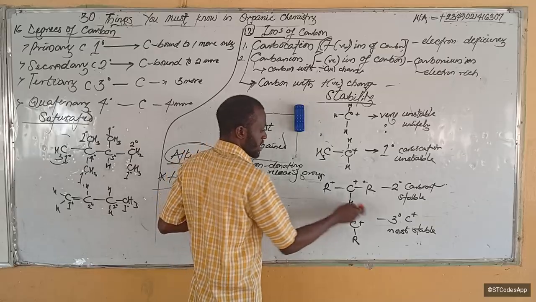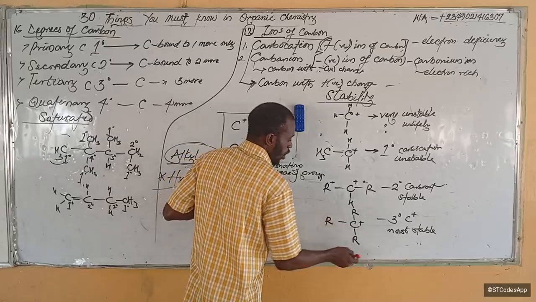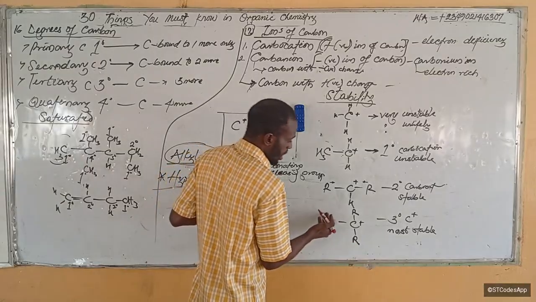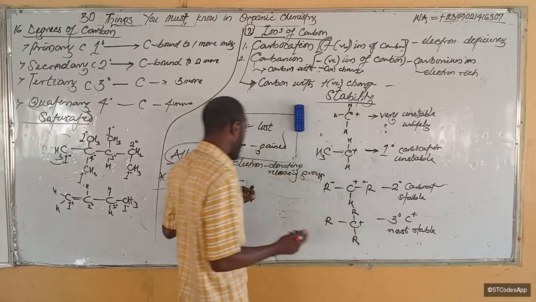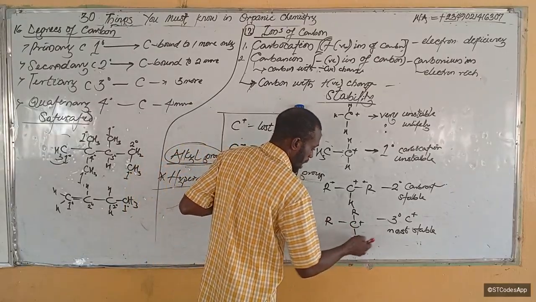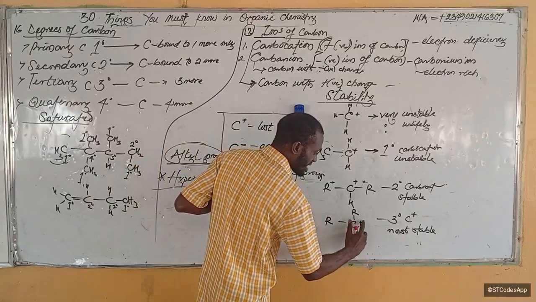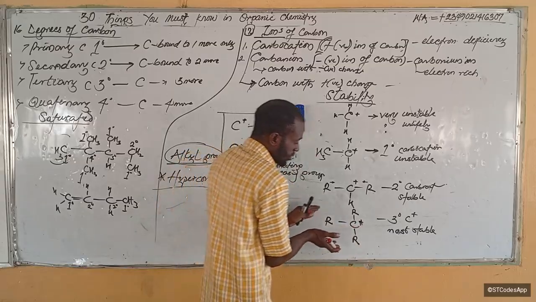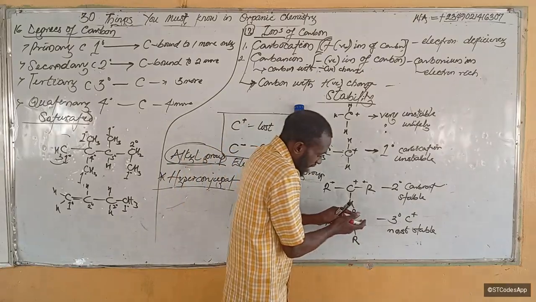So then you cannot compare that to this. This one is almost full. Do you understand? So by two things, by electron donation and by hyperconjugation, I'll tell you what hyperconjugation is, they are able to stabilize this guy. This guy is more stable.